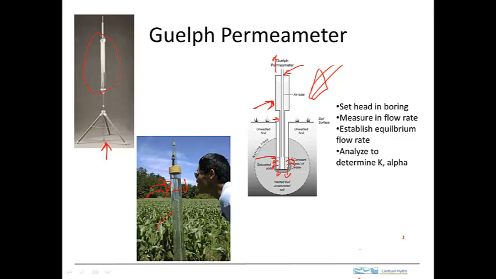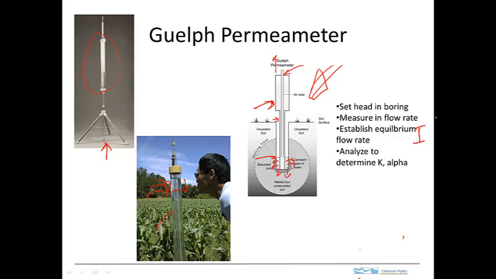So you can read the water level as a function of time, and that'll tell you how fast the water level is dropping, and that tells you how fast it's flowing into the soil. And so you watch this for a while and let it run and make the measurements, and you establish an equilibrium flow rate.